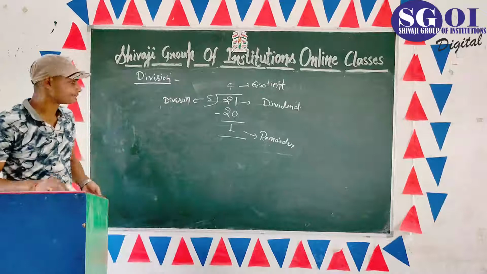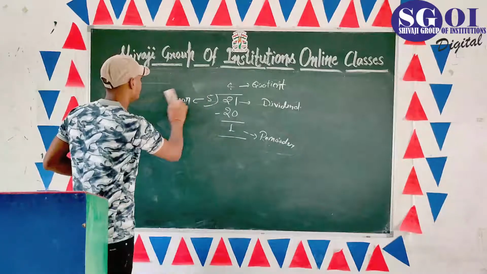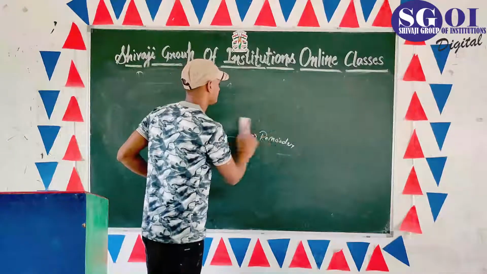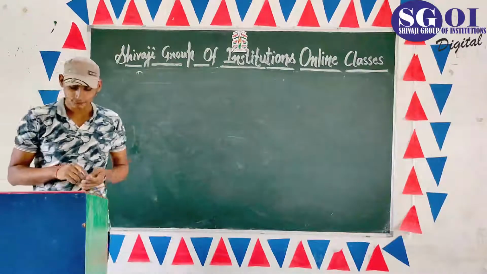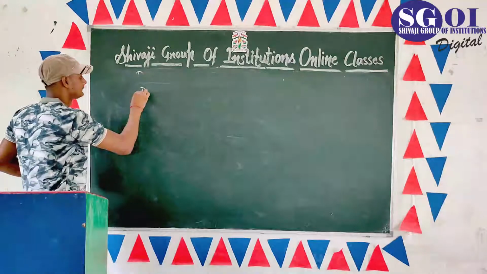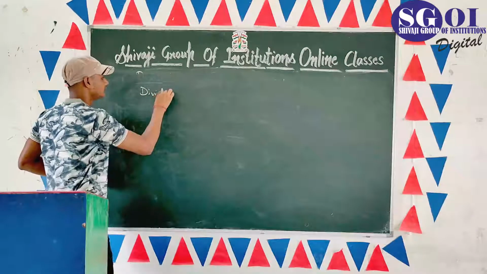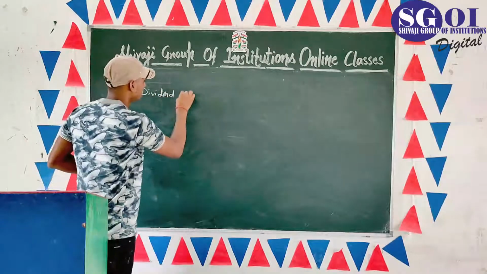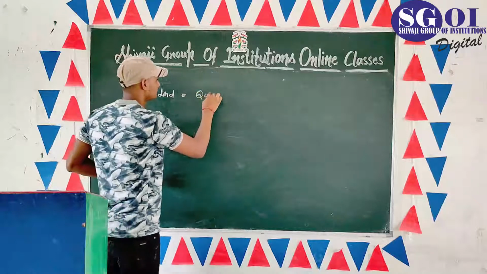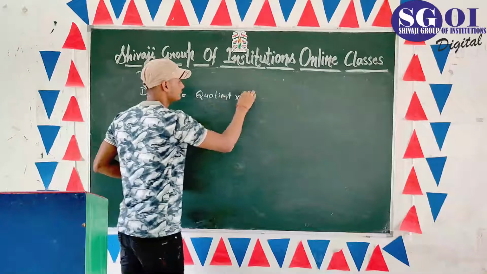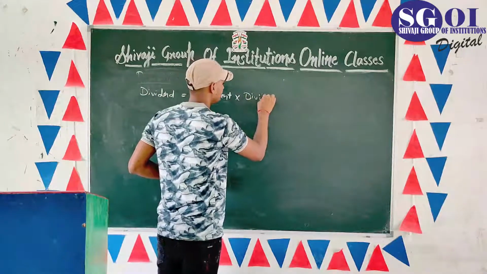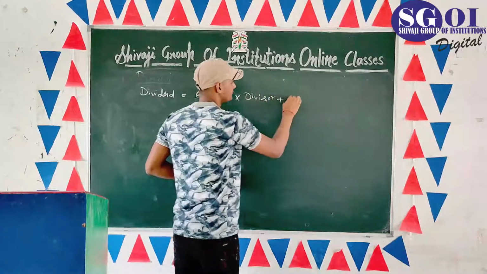Okay students, now we know the properties of division. What are the properties of division? Dividend is equal to divisor into quotient plus remainder.